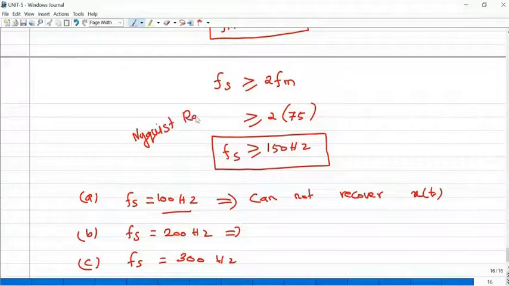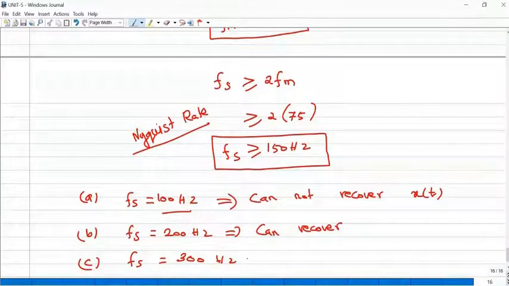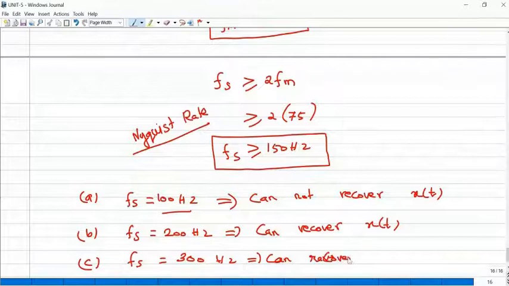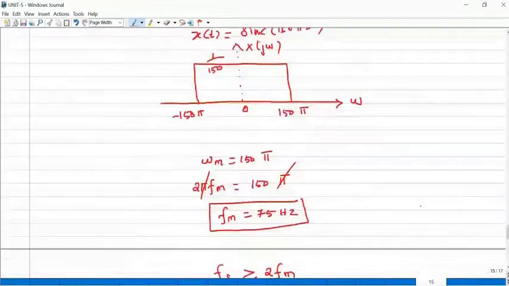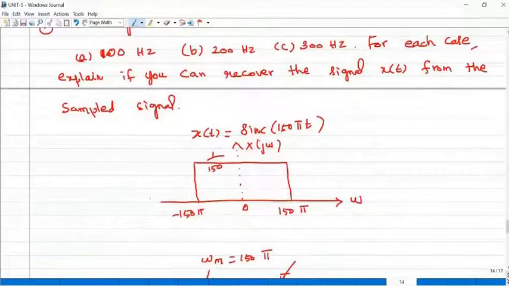We can recover x of t from its samples if we take a sampling rate of 150 hertz or more than 150 hertz. So in this way also the questions will come. You have to do it carefully. It is for the sinc pulse.